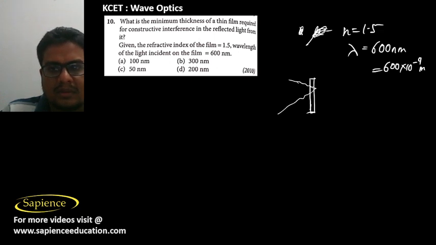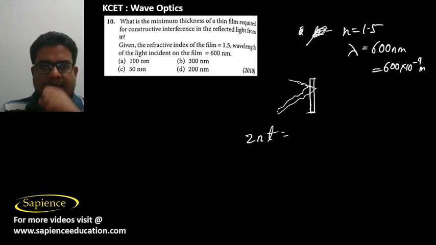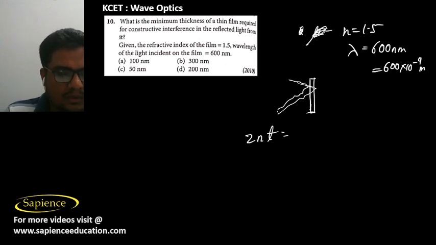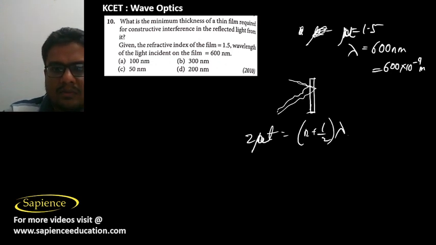So it will be like this form. It means that 2 times mu into the thickness t, where mu is the refractive index, should be equal to n plus half into lambda, where n is the nth order maximum.